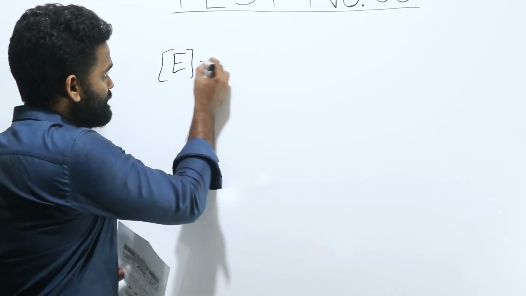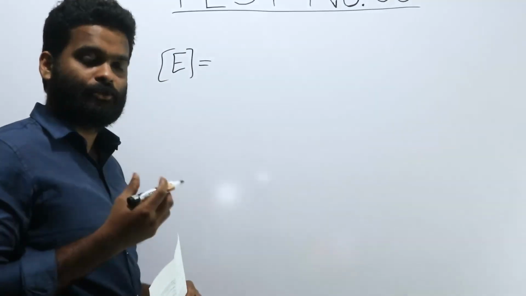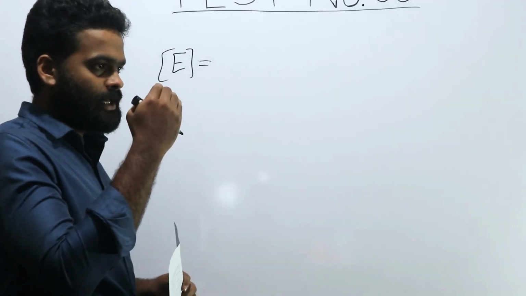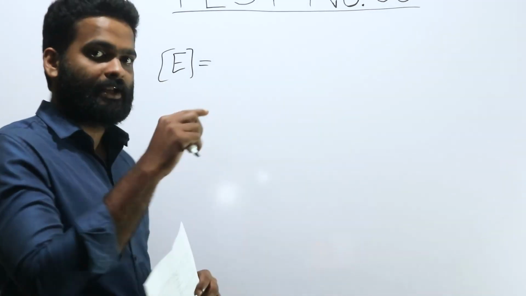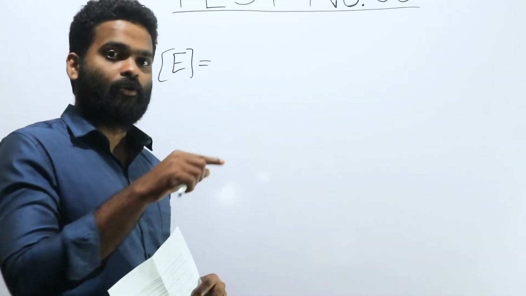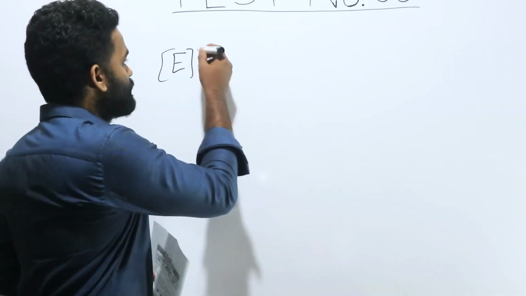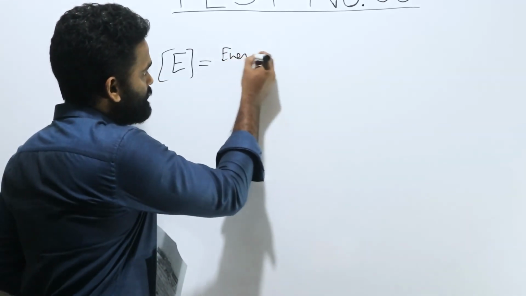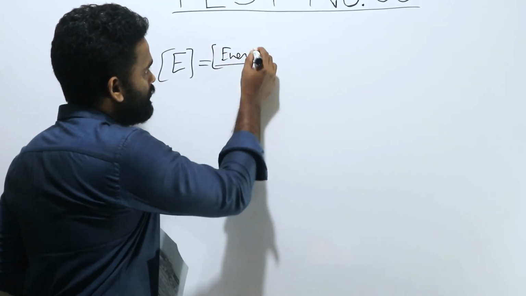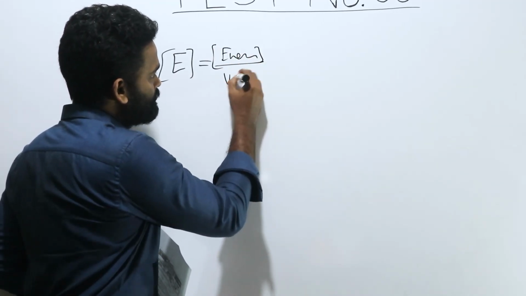That is capital E, meaning you have to divide the amount of energy by the volume that energy is contained in. So this should be energy divided by volume.